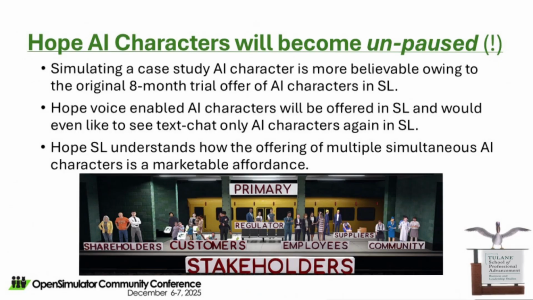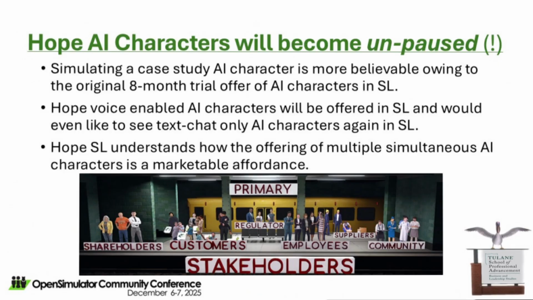While I have been making as much noise as possible to try to get Second Life to provide us with voice-enabled characters, now that they've taken away the text-enabled characters, I'd be willing to settle for the text enabled characters alone.